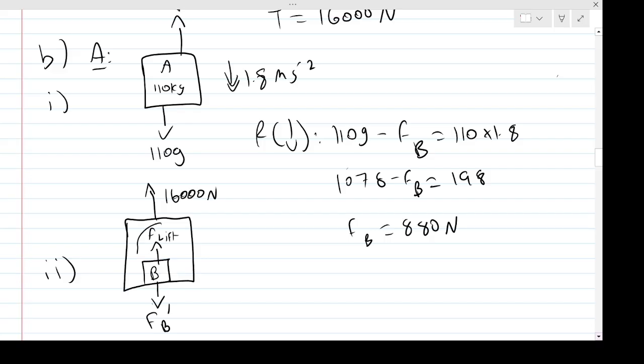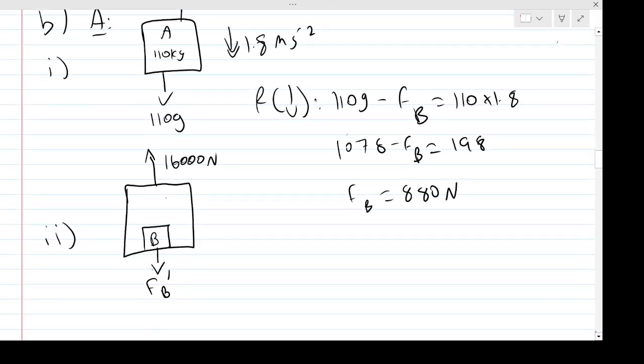So you can see they're opposite to each other. These are two of the contact forces created by the contact of B and the lift. They're the same, but in opposite directions, okay? Again, they're contact forces. I don't know exactly what they are, but I know they are created due to the contact of the two objects here. Okay, so now that's the lift.